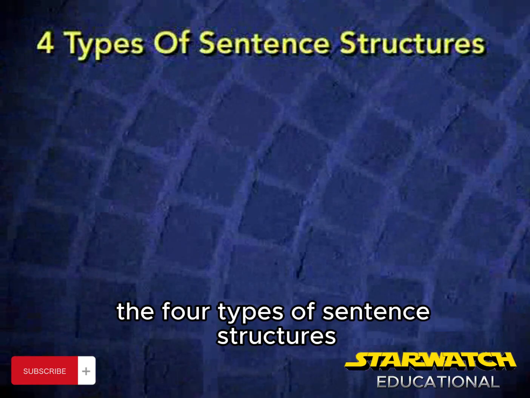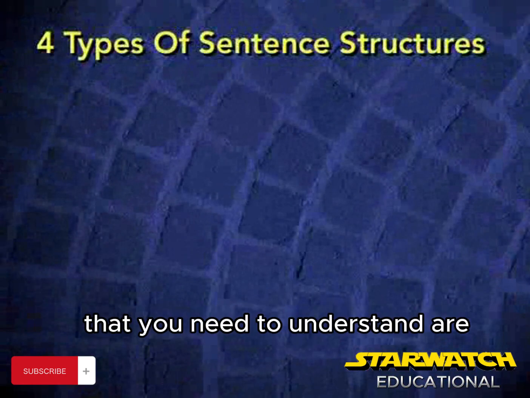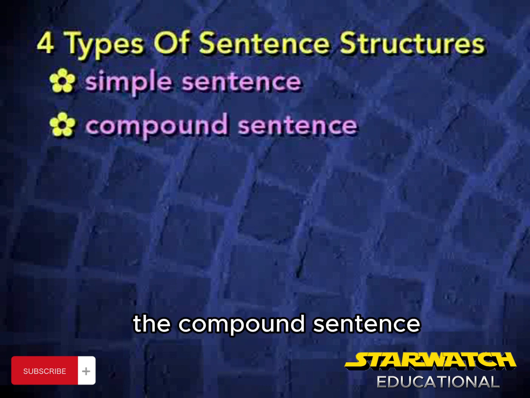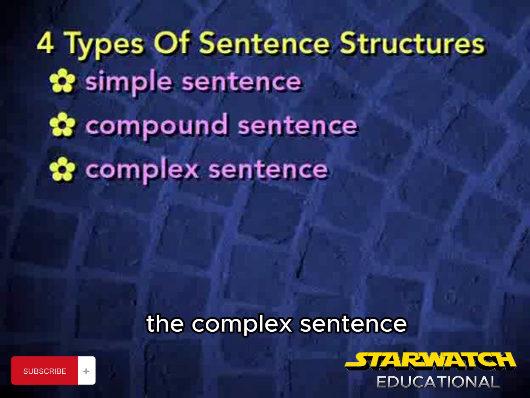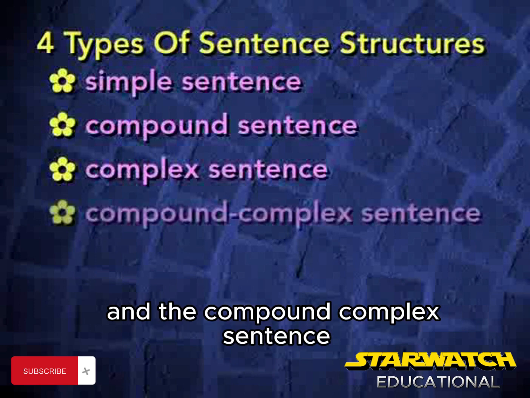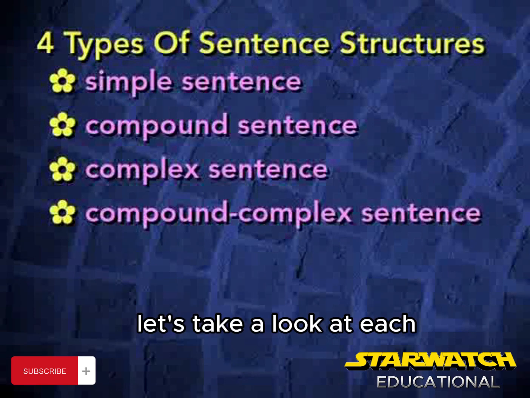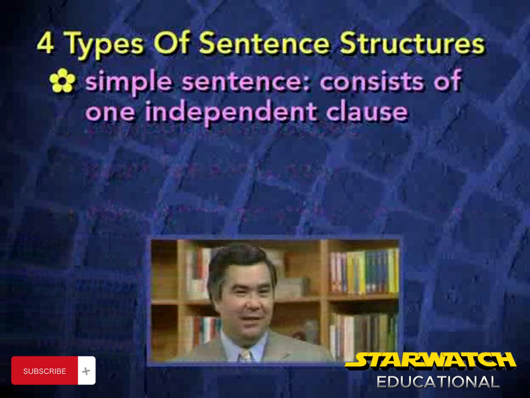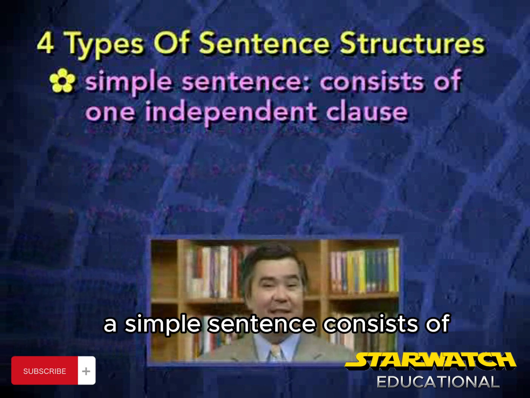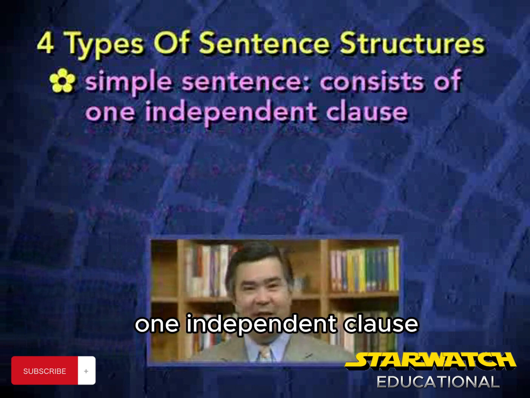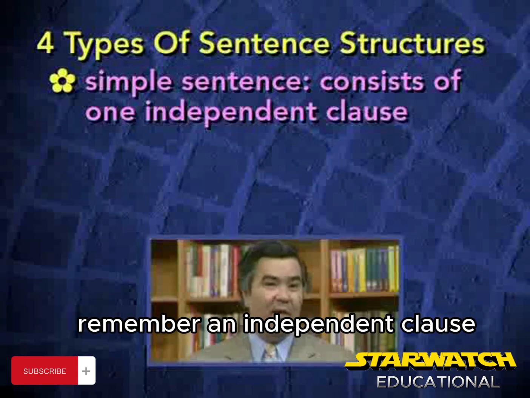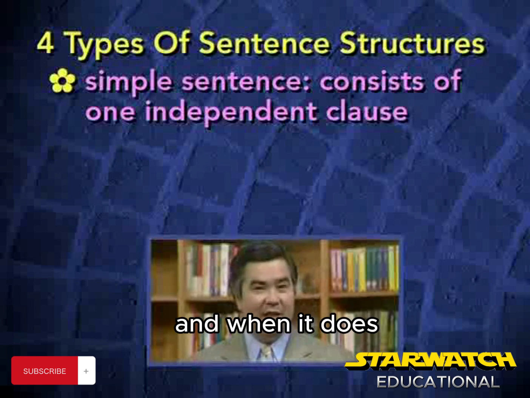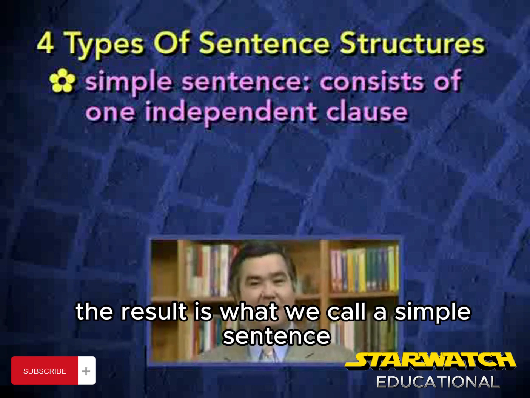The 4 types of sentence structures that you need to understand are the simple sentence, the compound sentence, the complex sentence, and the compound complex sentence. Let's take a look at each. First, a simple sentence. A simple sentence consists of one independent clause. Remember, an independent clause can stand alone as a sentence, and when it does, the result is what we call a simple sentence.